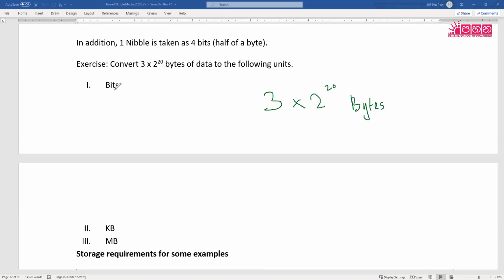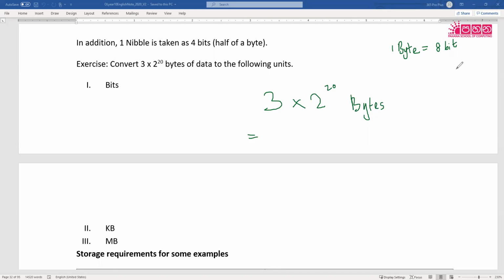So how do you convert into bits? What do you have to do? Divide by 8? Yes, 1 byte is how many bits? 8 bits. So 100 bytes, how many bits? 800, right?